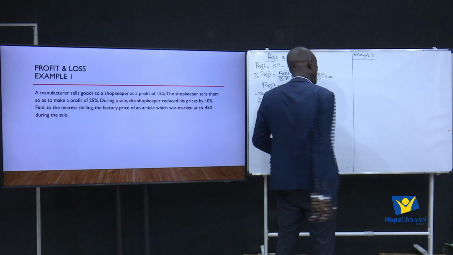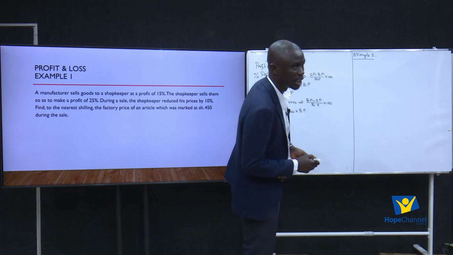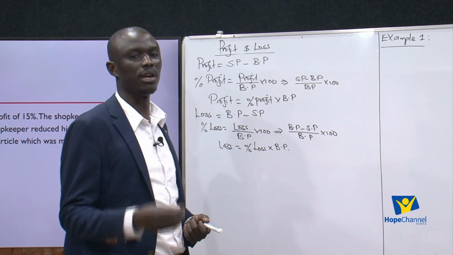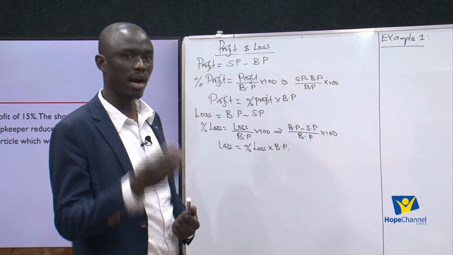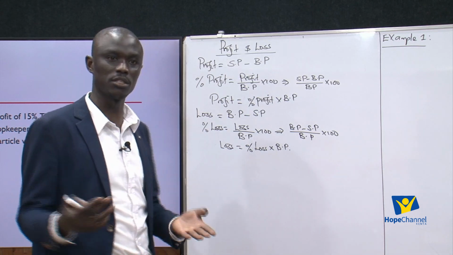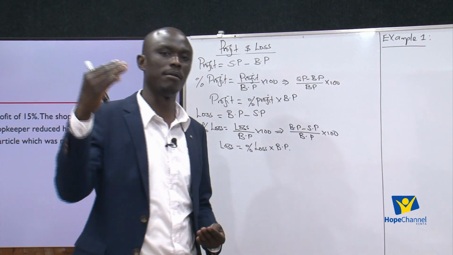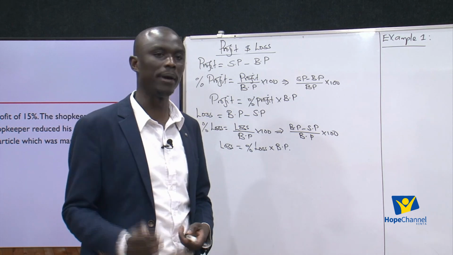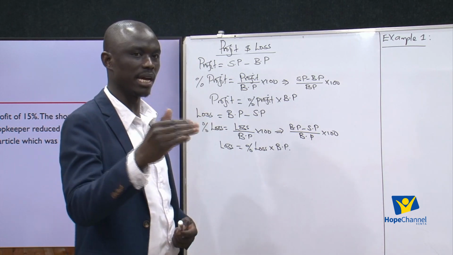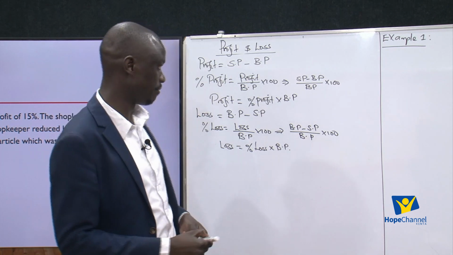Example 1, the solution. It is always good to be analytical. Analyze the question and understand how it goes. This is a series of trade, beginning from the manufacturer to the shopkeeper to the customer. So this item has been sold to 3 different people.